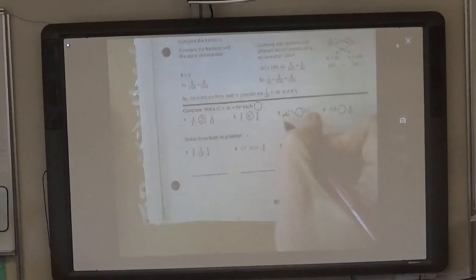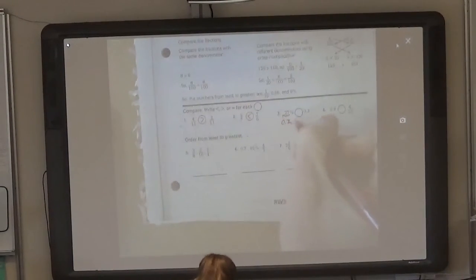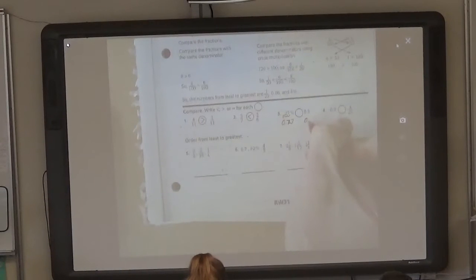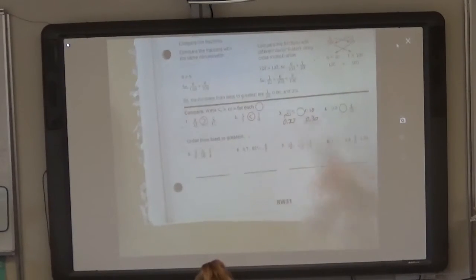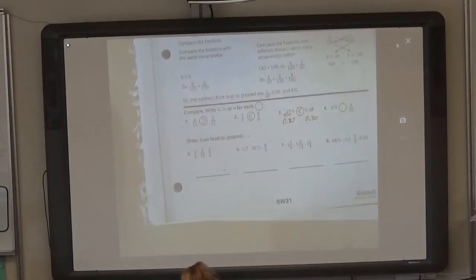Very good. And then you can easily compare these numbers. Now we add a 0 here. Now we have the same number of places to compare. So that's less, isn't it? Okay?